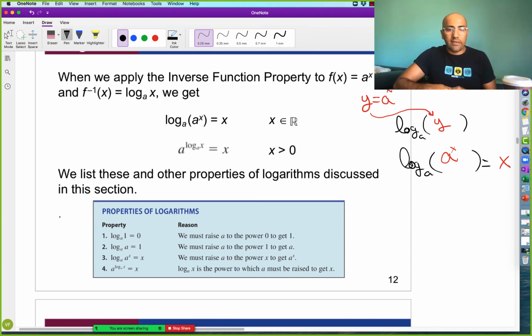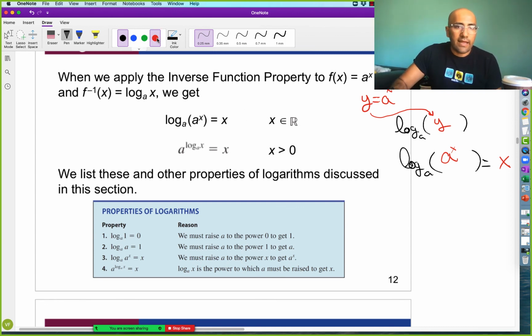Distribution doesn't work the same way, and division doesn't work the same way. There are a lot of things we can't do, so we have to be careful about what we are allowed to do. Here is a list of some of those properties that are true. Log base a of 1 equals 0, and that's true no matter what, because remember that this little cycle occurs here.